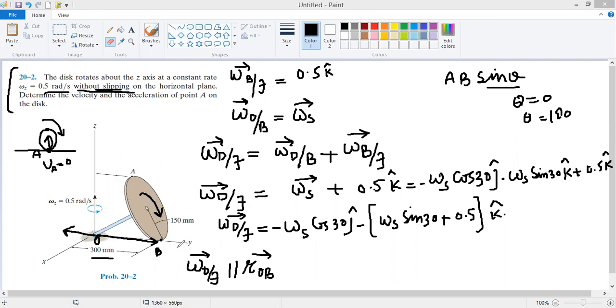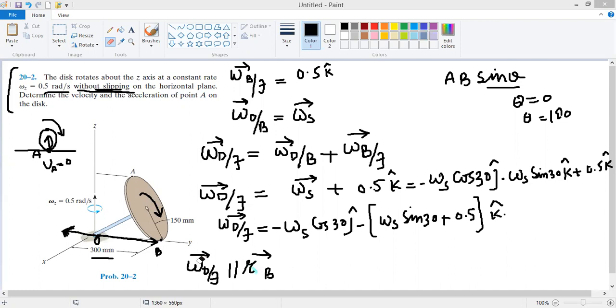It has to be along the y direction, but essentially in the negative y direction, because the sense of spinning of this disk is clockwise. So its angular velocity vector will be along the y direction but in the negative y direction. This is what the cross product states to us.